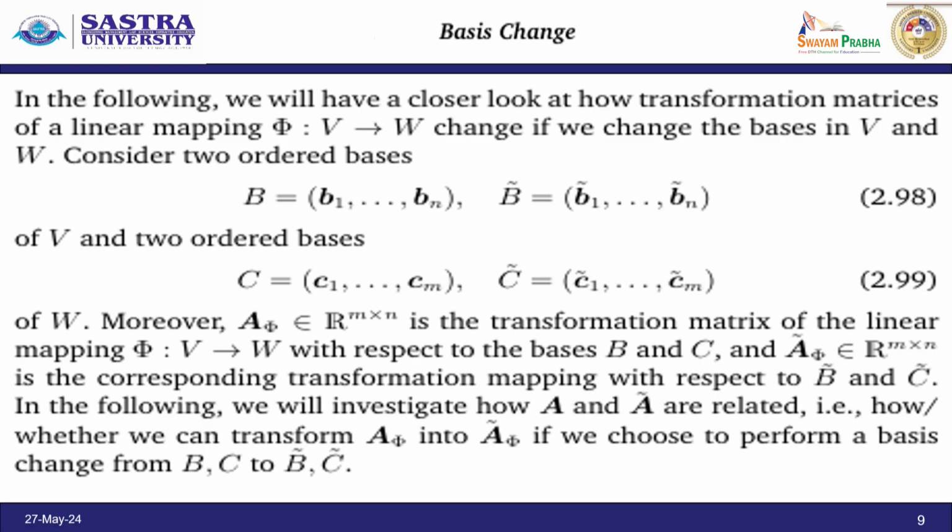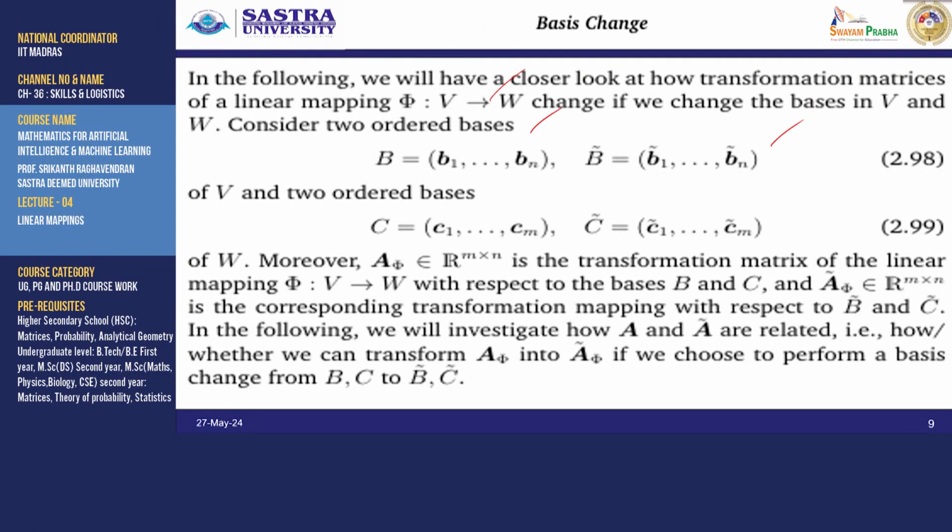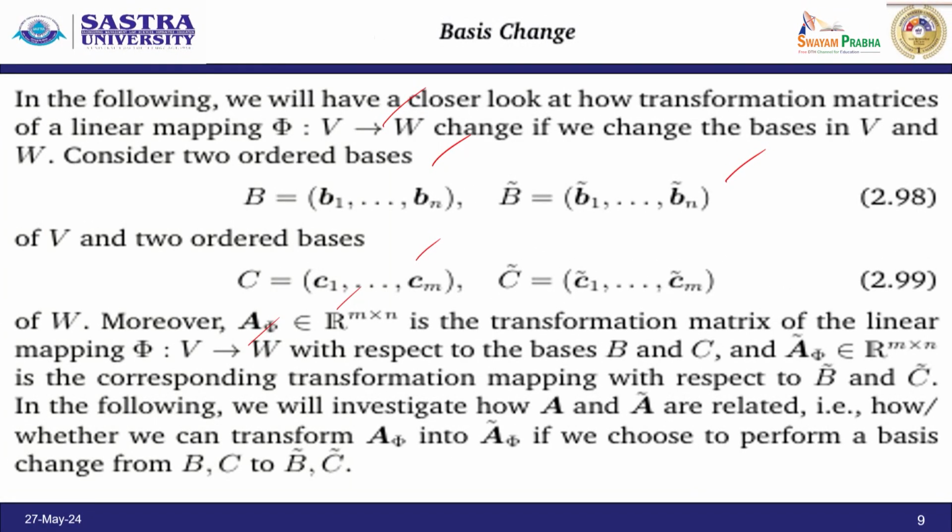Now, in the following we will have a closer look at how the transformation matrix of a linear mapping from V to W changes if we change the basis in V and W. Consider two ordered bases B equal to B1, B2 and so on Bn, and B tilde equal to B1 tilde and so on Bn tilde of V, and two ordered bases C equal to C1, C2 and so on Cm, and C tilde equal to C1 tilde and so on Cm tilde of W. Moreover, A phi belongs to R power m cross n is the transformation matrix of the linear mapping from V to W with respect to the bases B and C, and A phi tilde belongs to R power m cross n is the corresponding transformation matrix with respect to B tilde and C tilde. In the following we will investigate how A and A tilde are related, and whether we can transform A phi into A phi tilde if we choose to perform a basis change from B, C to B tilde and C tilde.